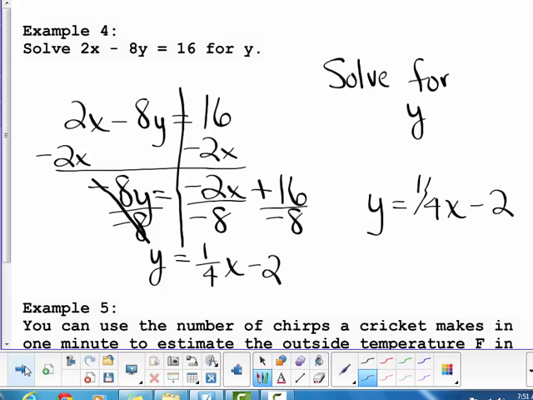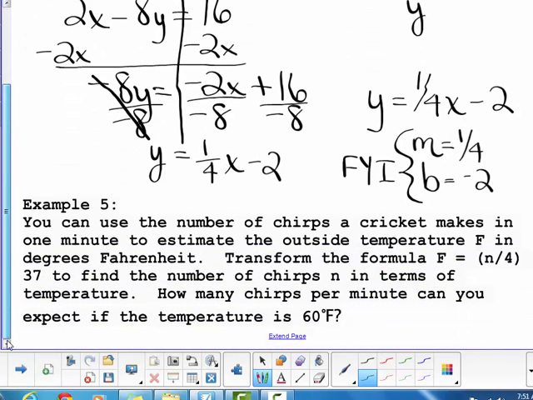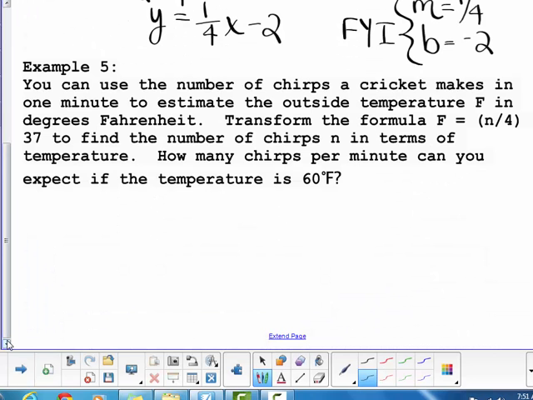And for those of you that can't remember what y equals mx plus b stands for, that means that if I were to graph this, my equation would have a slope of 1/4 and a y-intercept of negative 2. That's just a reminder. It's not important to this lesson, but it's an FYI in case you can't remember. Okay? All right, our last example.